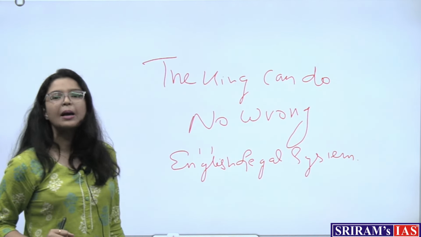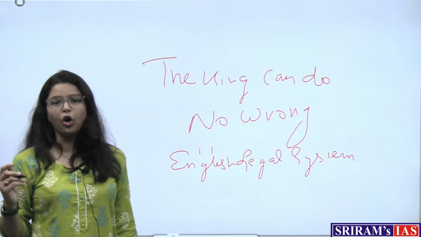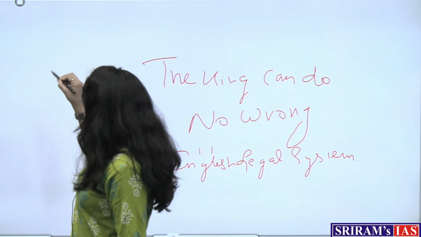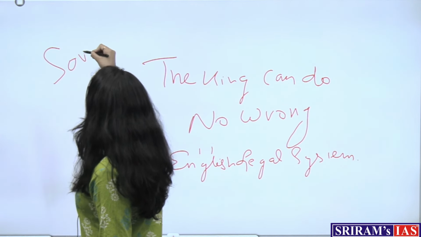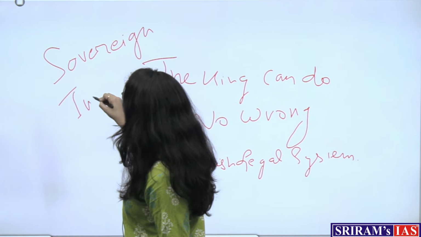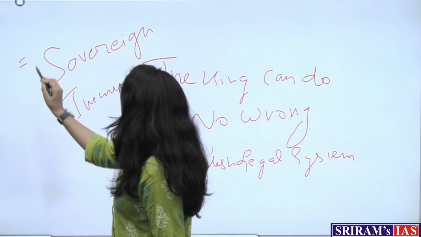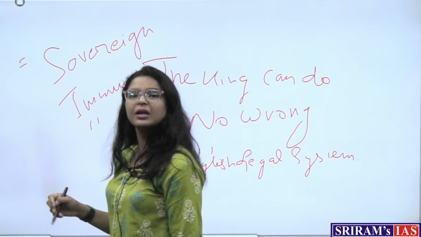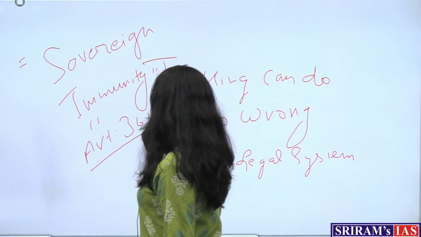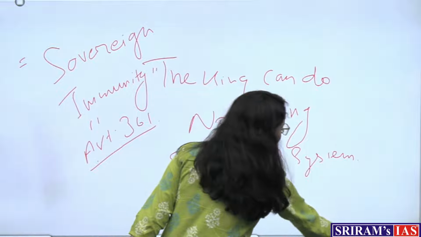This Latin maxim forms the origin of the sovereign immunity, or the constitutional immunity, that has been granted under Article 361 of the Indian Constitution.